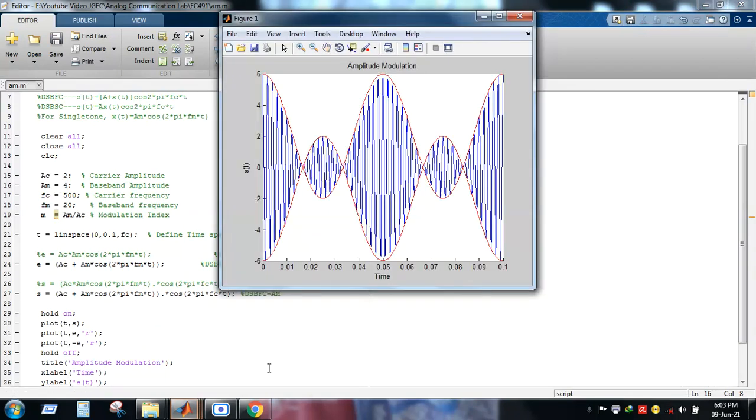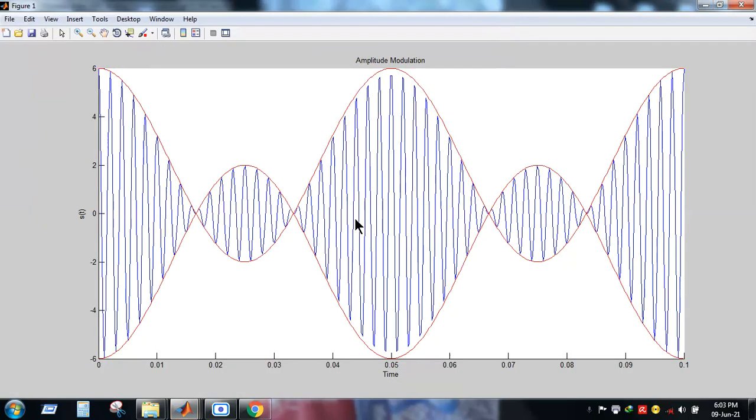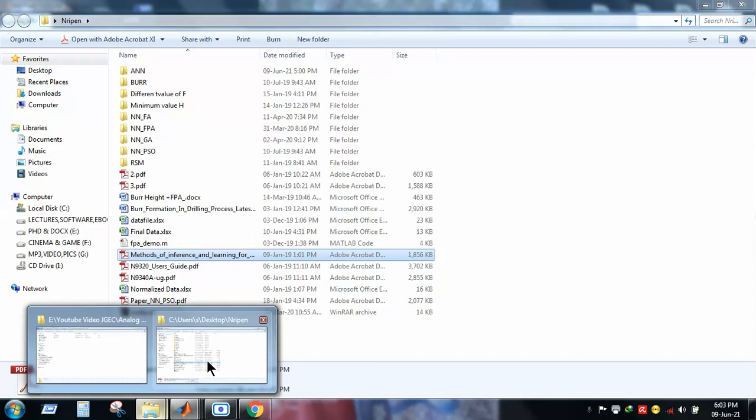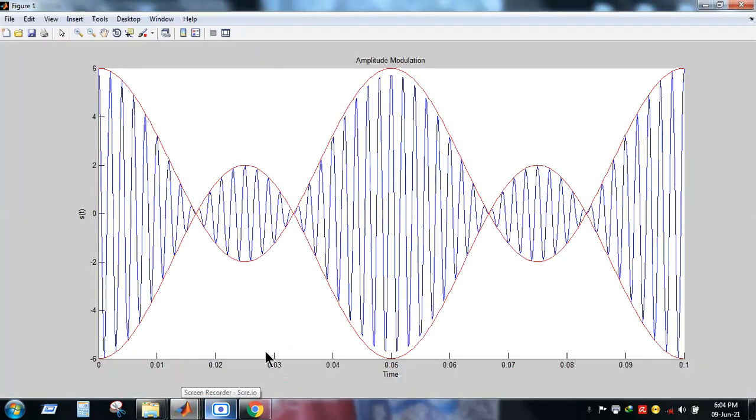If you run it, this is the over modulation. You can see that the corresponding value of modulation index is 2. Whenever the modulation index is greater than 1, we call it over modulation. As the two envelopes overlap each other, the envelope is distorted, and in that case the message cannot be transmitted effectively. There is some kind of loss. So this is the over modulation scenario.